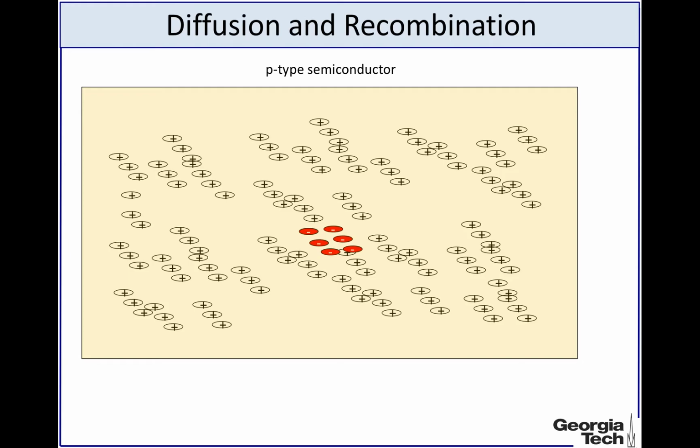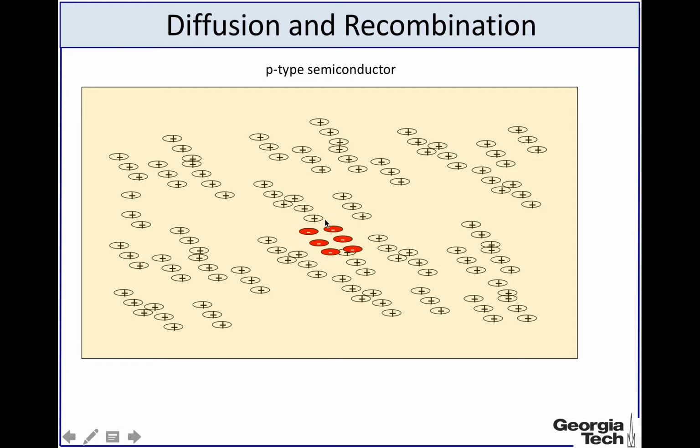Okay, so now we talked about diffusion. Now once we inject some dissimilar carriers, the density of those injected carriers decreases as you go away from the position of the injection. And the idea is this. Say for example you have a p-type semiconductor here, where the positive ones represent the holes, and say you have introduced these electrons here.